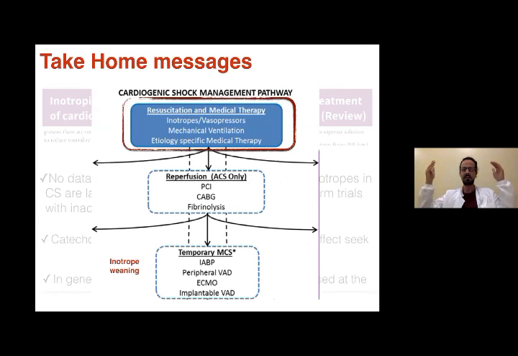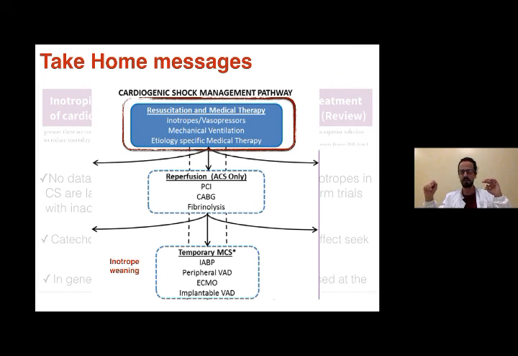This is the algorithm for the treatment of cardiogenic shock published in Circulation by Sean van Diepen. And here, highlighted by the red circle, is where the inotropes and vasopressors should stay. At the beginning, they are the cornerstone of the treatment to keep the patient alive, to restore perfusion and cardiac output.